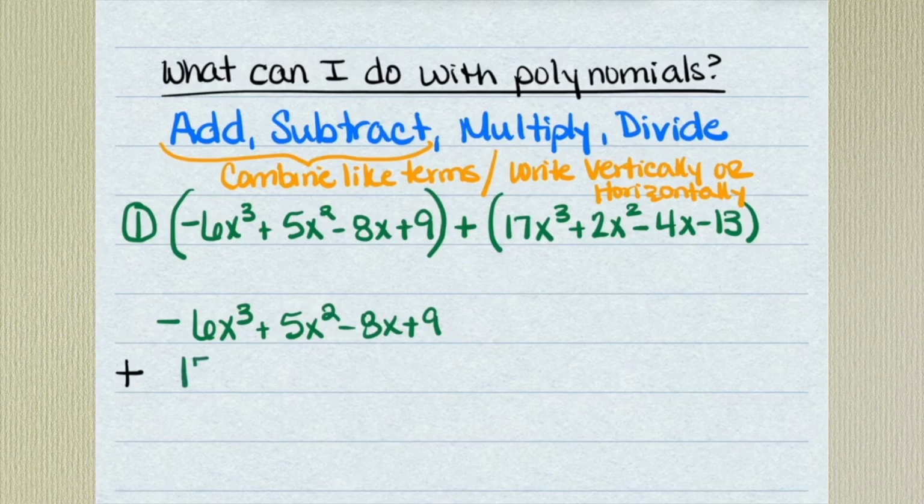Now I'm going to line up all of the like terms. I'm going to put the cubes with the cubes, the squares with the squares, the x with the x, and the constants with the constants.